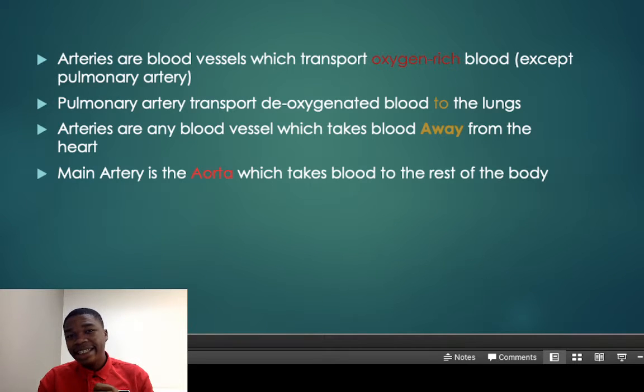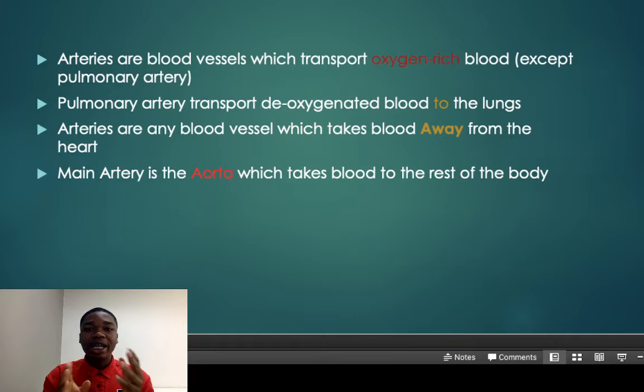You will hear at a later stage that we'll talk about the pulmonary vein. So you must know that the main function of an artery, not specific to any artery, is to transport oxygen-rich blood, of course, with an exception of the pulmonary artery.